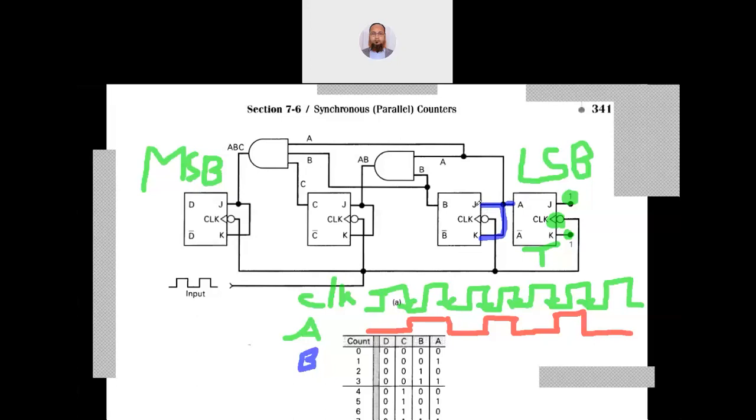So what does it mean? It means that only when A is high will B change.